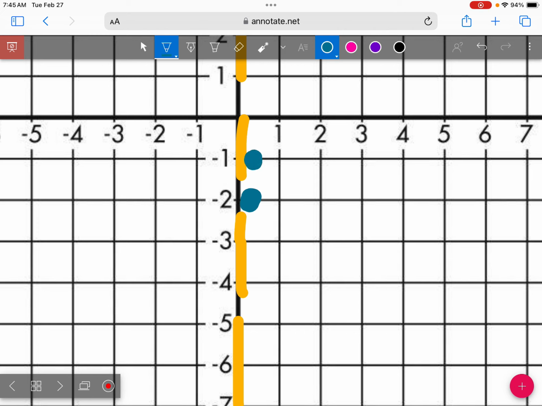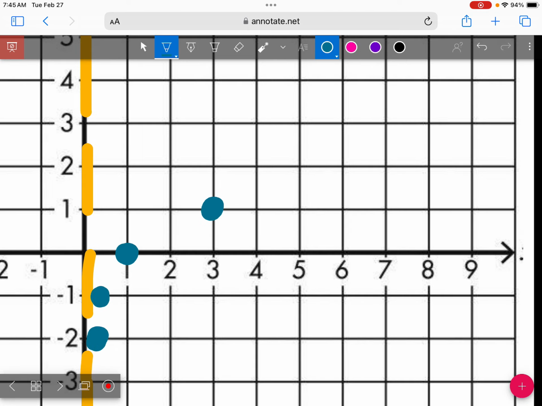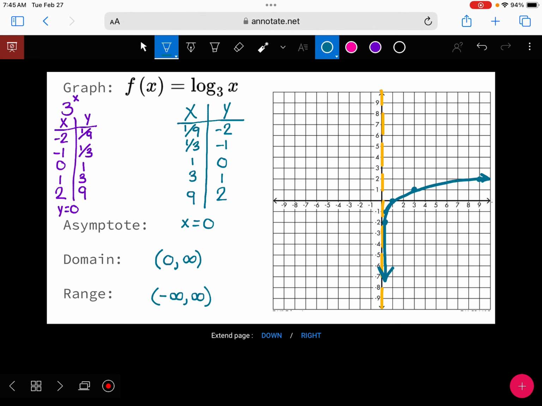Again, pretty close to my asymptote right there. X is 1, y is 0. X is 3, y is 1. And x is 9, y is 2. So our graph is going to look like this.